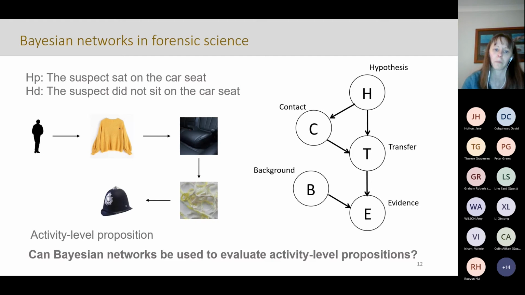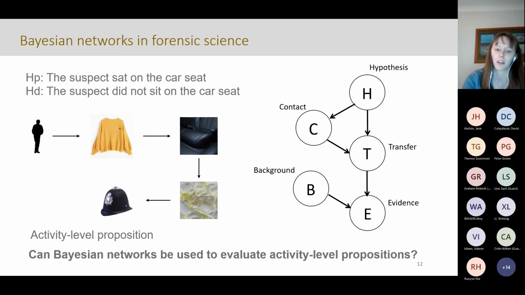The idea was, perhaps with drugs on banknotes, the only evidence you often have is some contaminated used banknotes that are in the possession of a suspect. And what we want to know is, is this evidence of a crime involving drug trafficking?